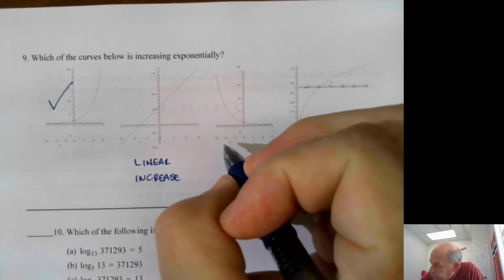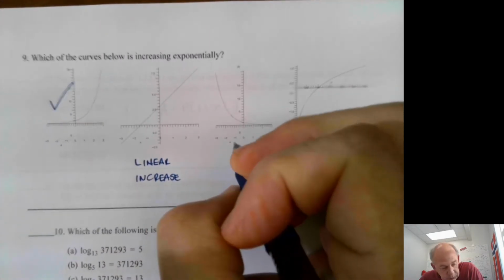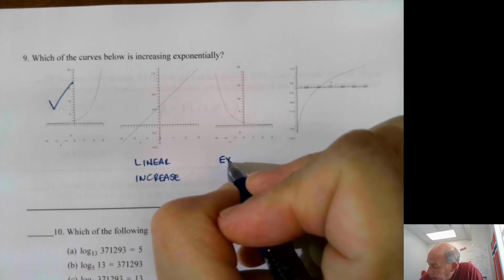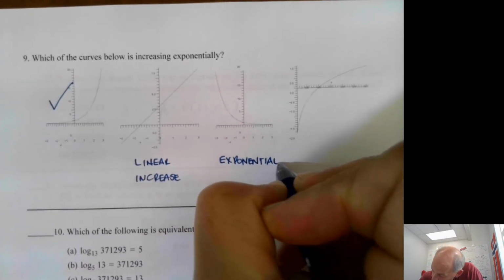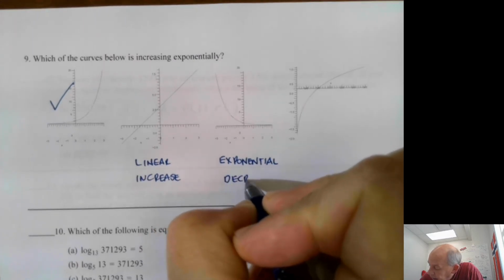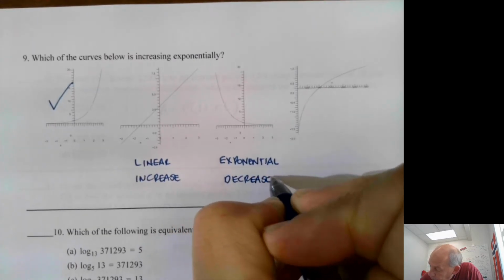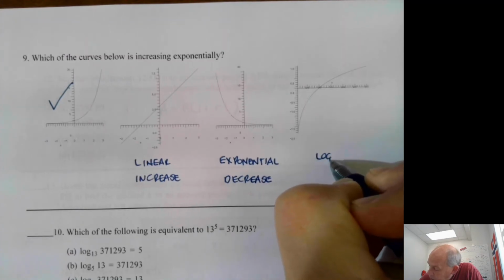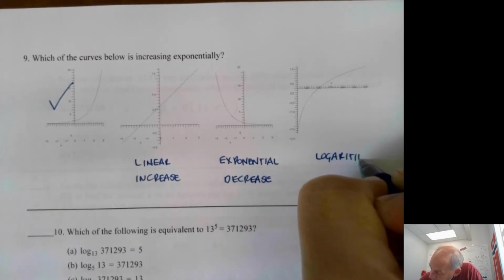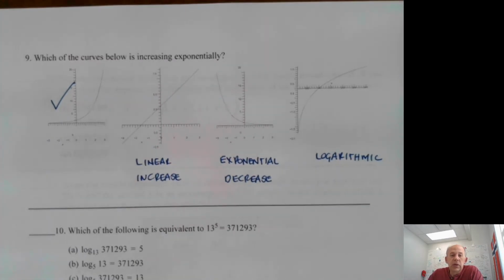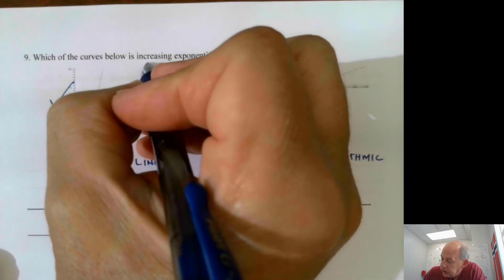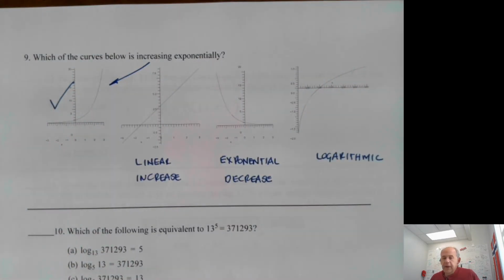This third choice would be exponential decrease. And then the last one, this would be logarithmic. So there is the difference between each one of those. So exponentially increasing is that one there.